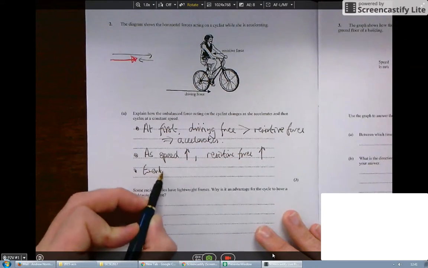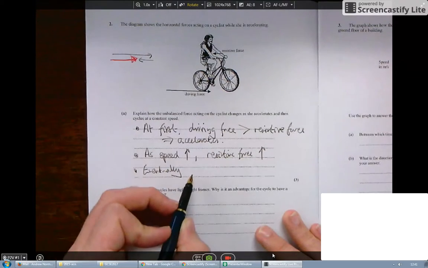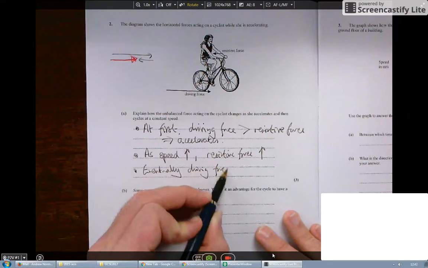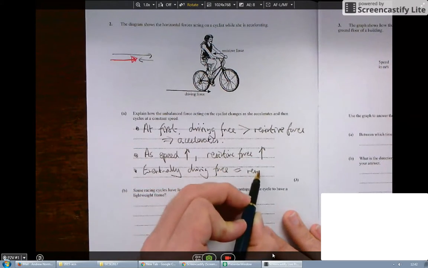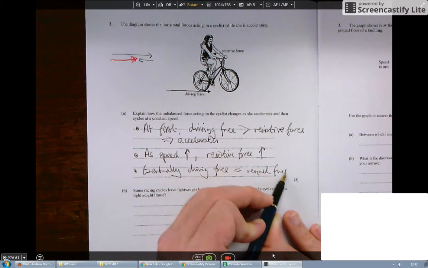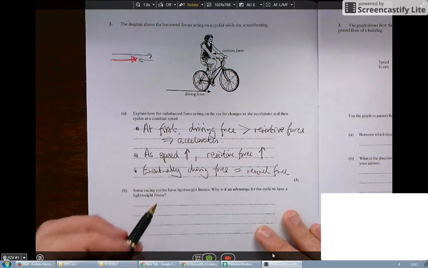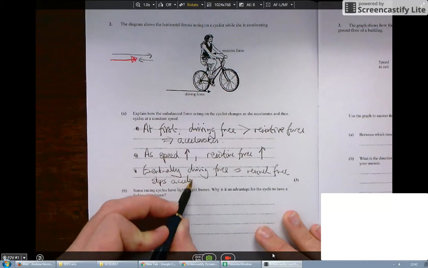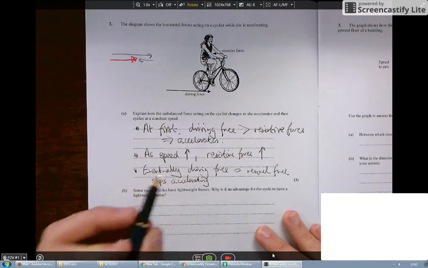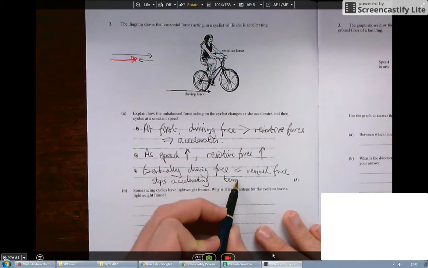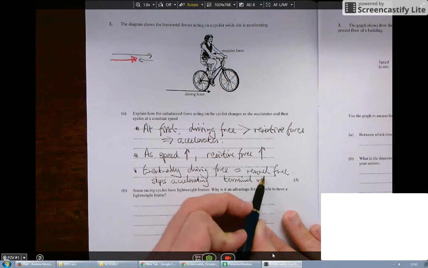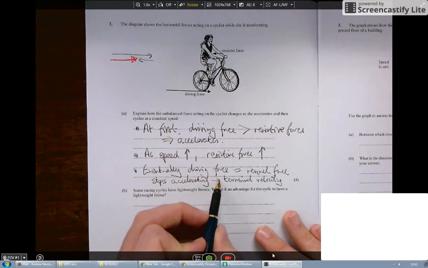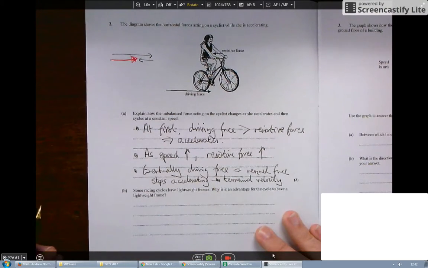And eventually, in the end, the driving force is exactly the same as the resistive force. This means that there's no overall force, so she stops accelerating. And this is, of course, what we call a terminal velocity. She's travelling at a constant velocity, a constant speed, and that means that she's at her terminal velocity here.